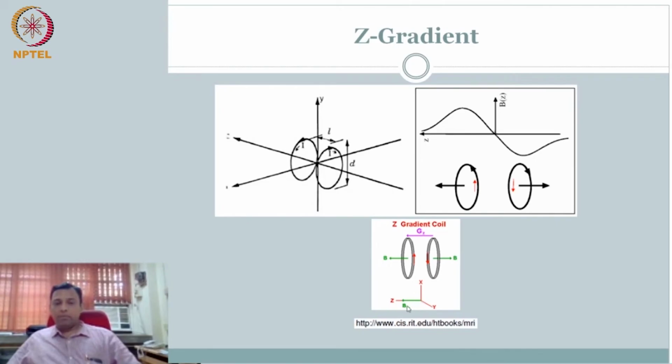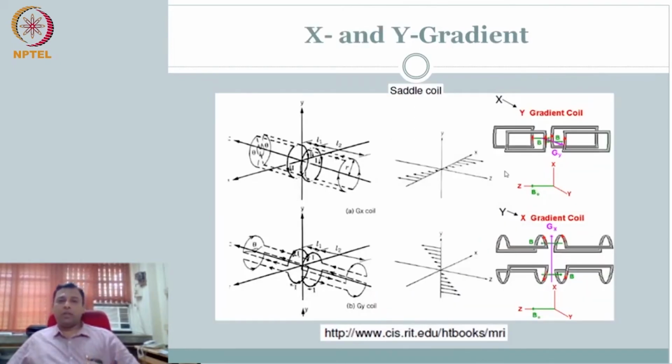It is changing the B naught experienced as a function of length in the Z direction. So naturally you would expect a similar thing for X and Y. Notice there is a typo here; this has to be an X gradient. The two other coils have their radius, the coil radius, and the length over which the coil is there. Those are your parameters.